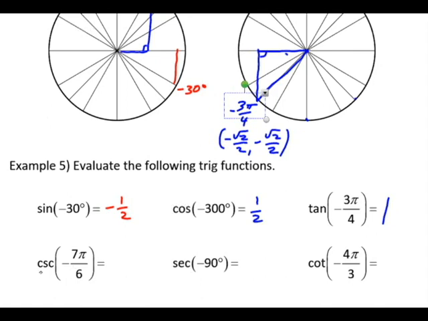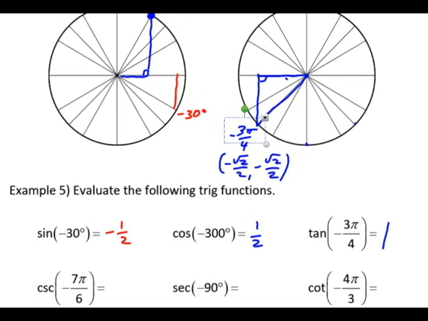I'll do one more, the cosecant of negative 7 pi over 6. Pi over 6, that's these small wedges. So here's pi over 6. Here's another pi over 6. Here's 3 pi's over 6. 4, 5, 6, 7. Here's negative 7 pi over 6.